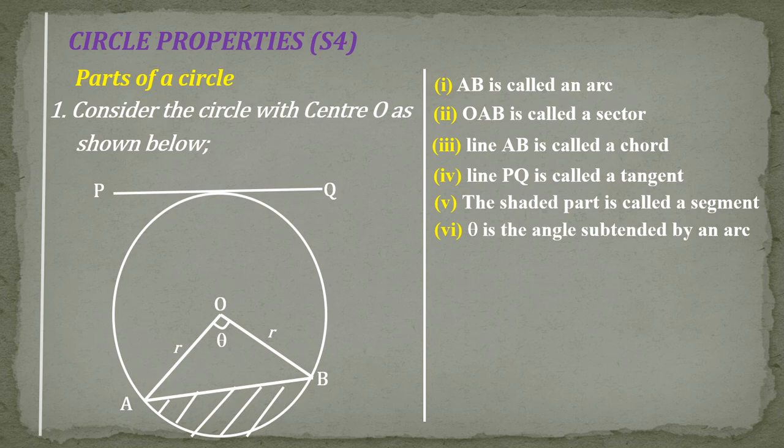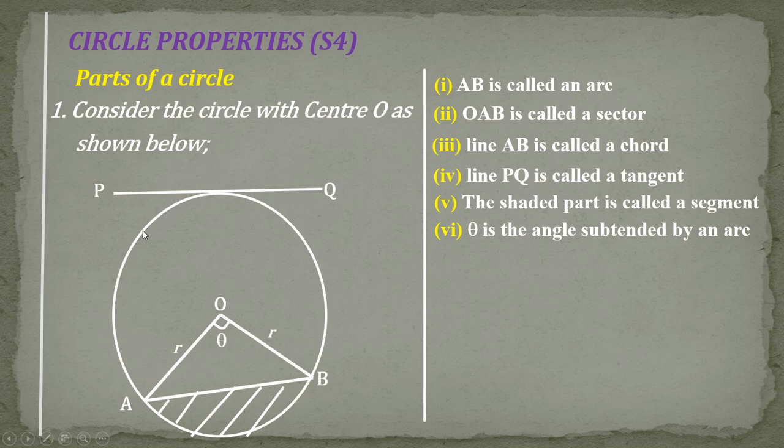The angle theta, this angle at the center, is subtended by this arc AB. When you look at this arc AB, if I connect point A to the center, also connect point B to the center, now this angle formulated, theta, is the angle subtended by the arc AB to the center of the circle. This can apply to any arc.